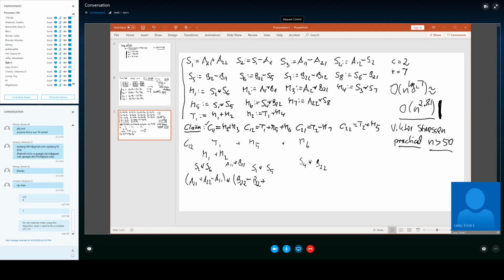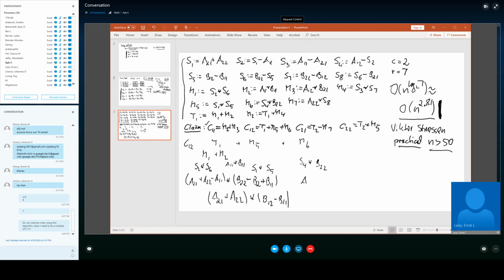So since we're subtracting S5, we have minus B12 plus B11. So this is S2 times S6, then we have A11 times B11, and then we have S1 times S5, where S1 is A21 plus A22 and S5 is B12 minus B11, and then we have S4.